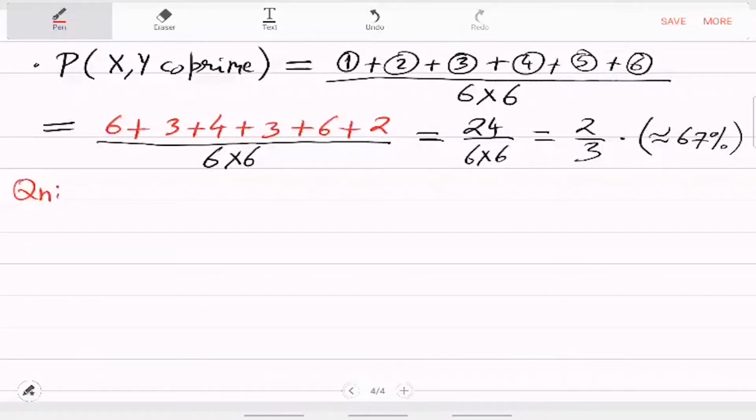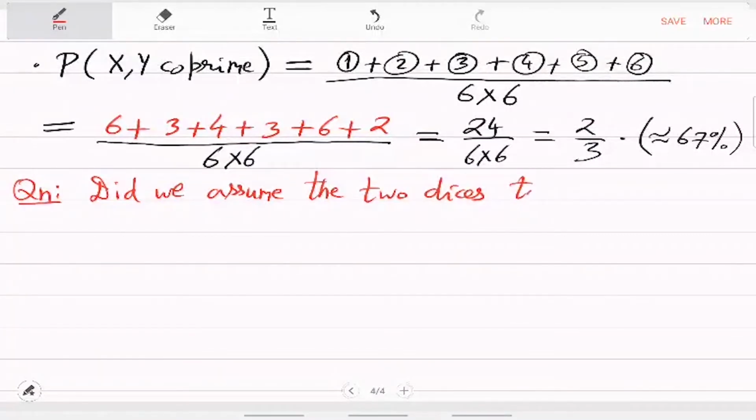So, let me ask a question here in this calculation. Did we assume the two dice to be distinguishable or indistinguishable?